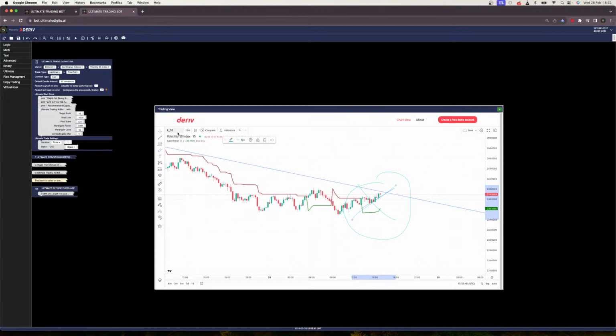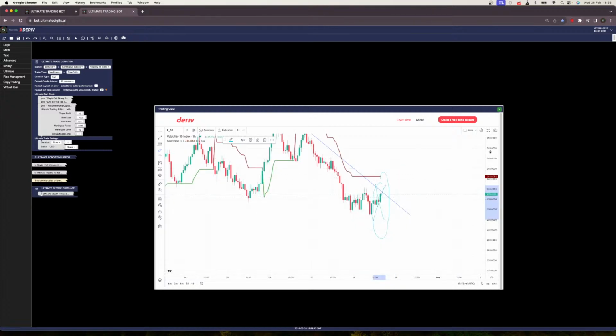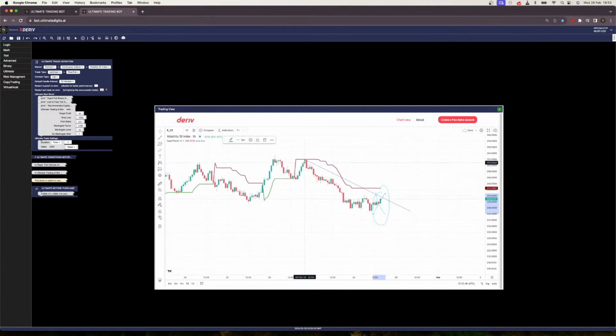Because on 1 hour the market is on a very strong downtrend. As you can see, it is below the super trend moving average here for quite some time.